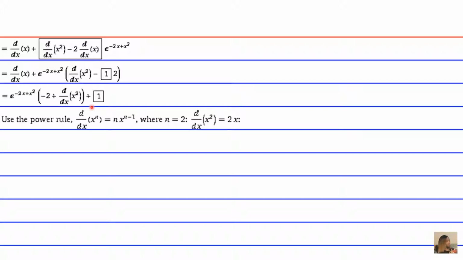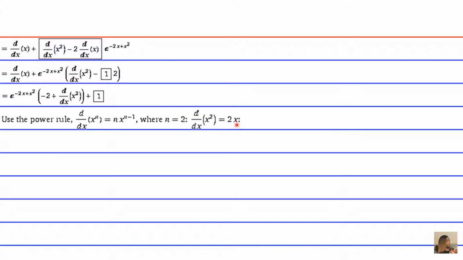Now, in order to analyze this, we can use the power rule that says d/dx of x to the n equals n times x to the n minus 1. When most people think of differentiation, what they usually are thinking of is the basic power rule. And in this case, n equals 2, because this is x squared. So d/dx of x squared is going to give us 2 times x to the 2 minus 1, or 2 times x to the first power, or just simply 2x, okay?